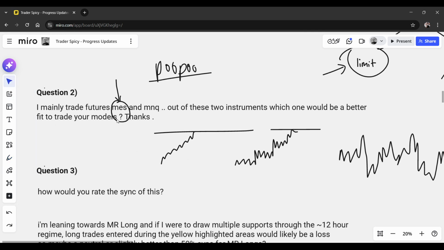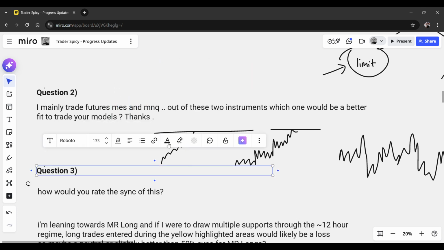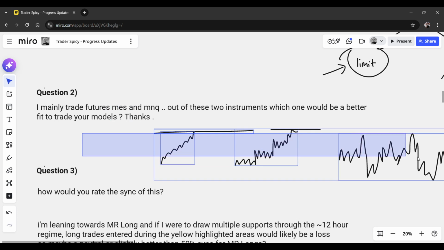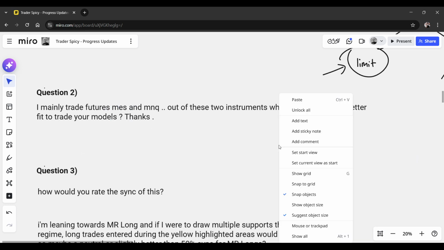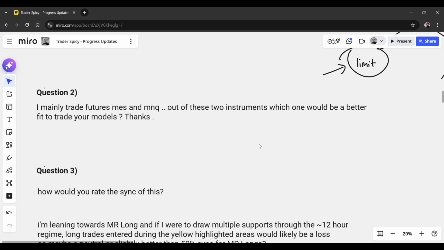The next point is, if you want to reframe your question and say, okay, out of these two instruments, which one, if I hypothetically took every single opportunity that appeared, would give me a higher P&L? Or which one would give me a stronger risk adjusted return?